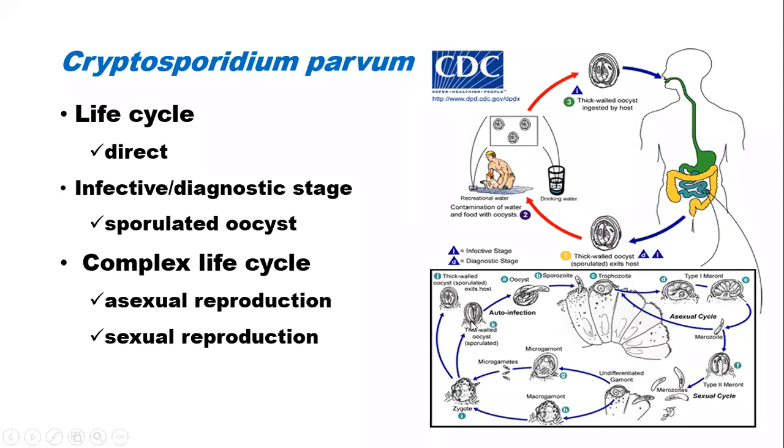The thin-walled oocysts are never passed out in the stool. They eventually mature and release the sporozoites, so you can have autoinfection taking place. Another outcome of the fertilized zygote is that the oocyst develops a thick wall, and then it's passed out in the feces, and the life cycle continues.